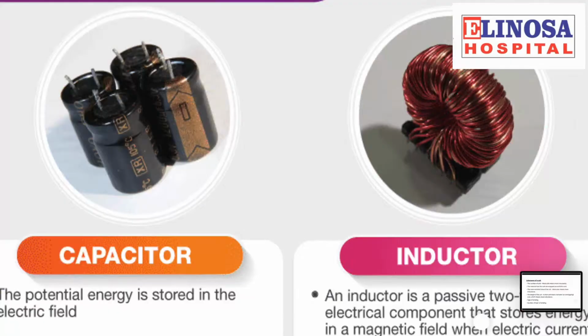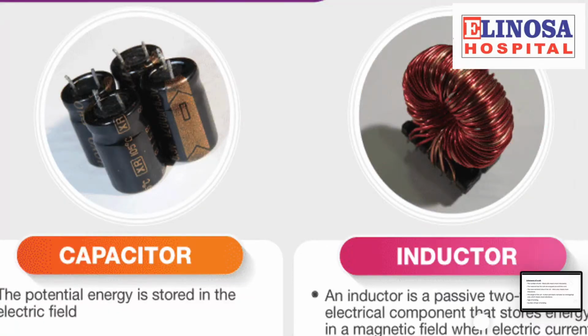So what is an inductor? It is a coil of wire that is used to store energy in the form of a magnetic field, and it resists any change in the electric current that passes through it. Let's look more in depth into the inductor.